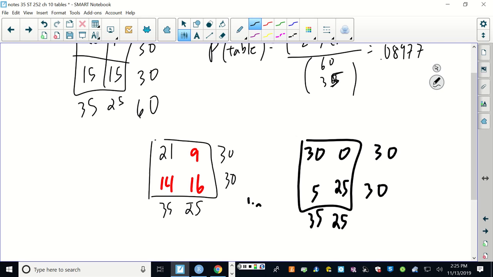So you can have that extreme table. That's clearly not independent. But anyways, Fisher's exact test enumerates all the possible tables and calculates the probability that you have your table or something more extreme towards complete non-independence.